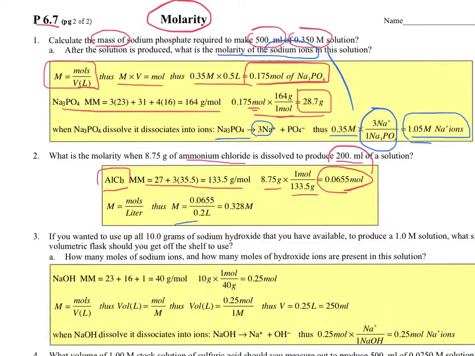That allows us to plunk those numbers into the molarity equation. This one here, 200 mils there, which of course we change to liters, and solve in the end for our 0.328 molarity.